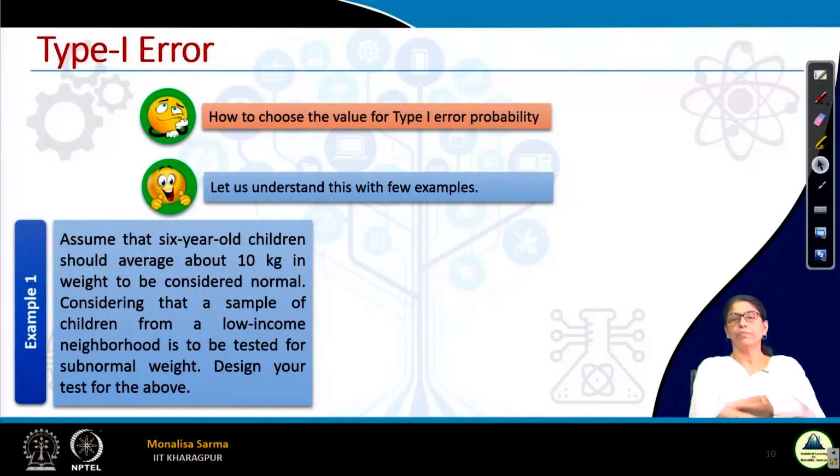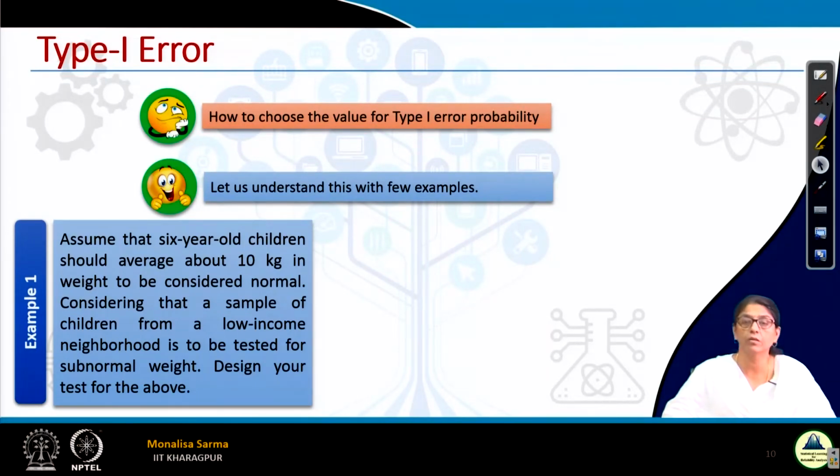Now here, let's not take it this way. For this example, what I want to prove is that mu is greater than 10 kg. Why do I want to prove mu greater than 10 kg? If I prove that, then I will not have to start this nutritional program. It totally depends on the situation how different hypotheses are formed.